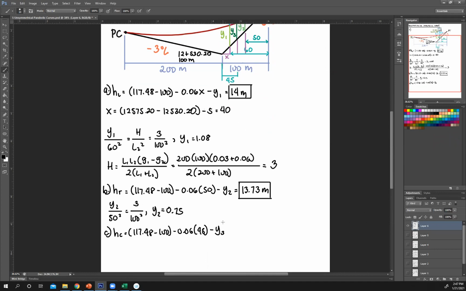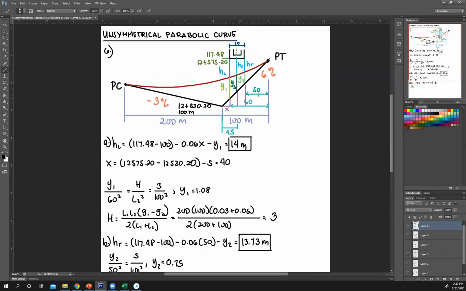Okay. So y3 over it's this length. So if this is 45, this is 100.